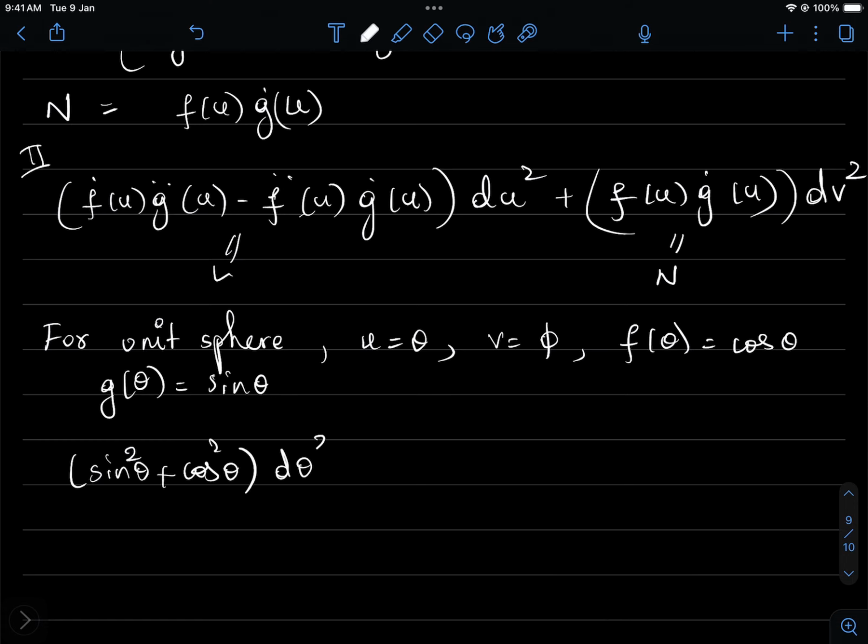This is d theta square. Here f of u is cos and g dot of u is again cos, so you will get cos square theta d phi.